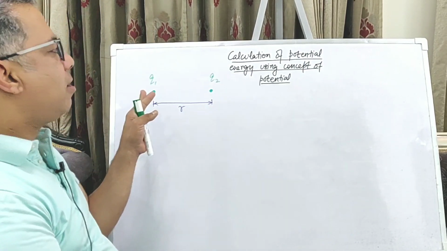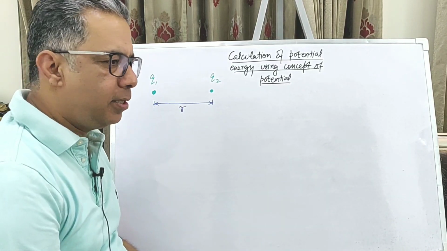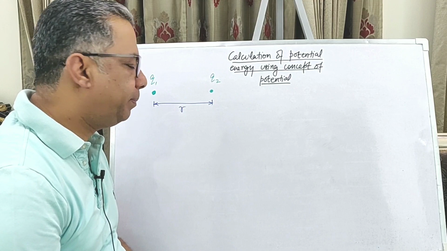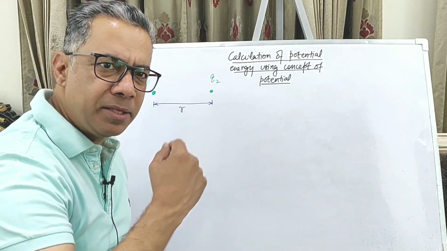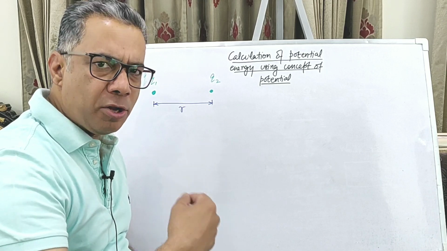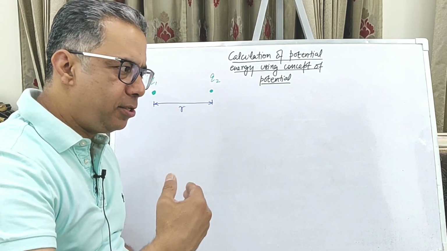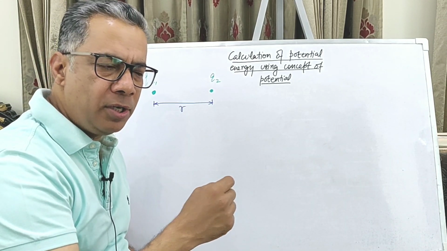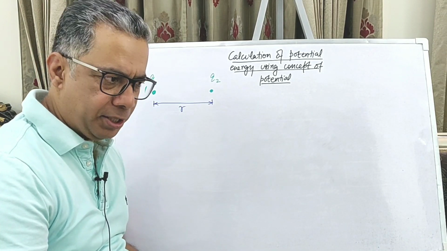Now we'll be using the concept of potential in making a calculation of this potential energy. To do that, we need to assemble the system one charged body at a time. As we assemble the system, at every step when we introduce a charge, there is a certain change in potential energy.